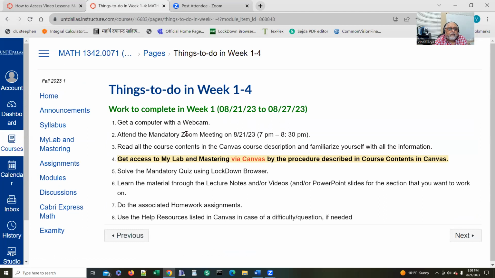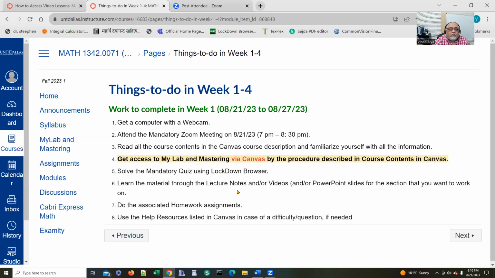Get a computer with a webcam, attend the mandatory Zoom meeting, read all course contents in the Canvas course, the one that I'm going through, and get access to MyLab and Mastering via Canvas. This is important. By the procedure described in the course contents in Canvas, solve the mandatory quiz using Lockdown Browser.